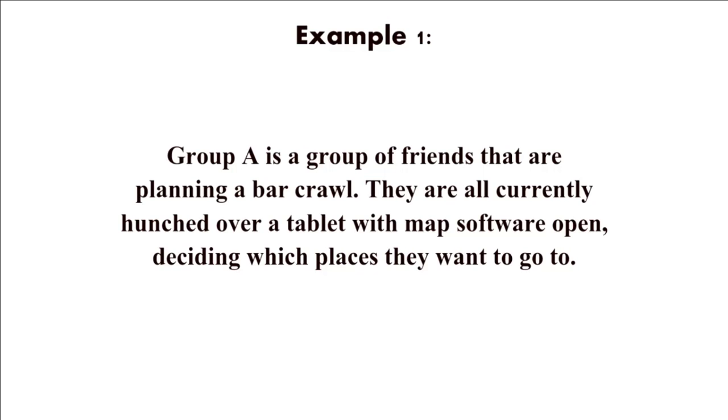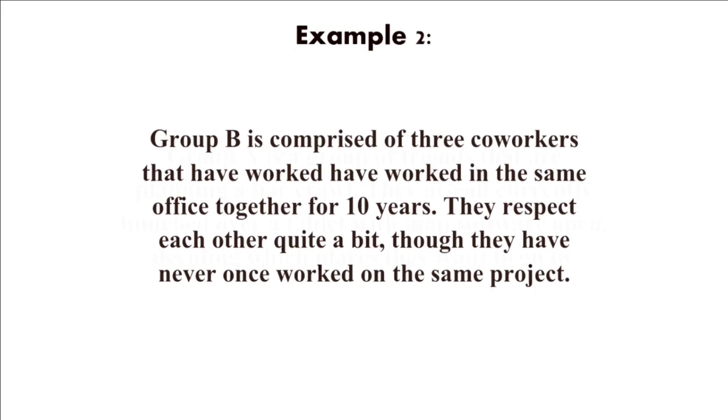They are all currently hunched over a tablet with map software open, deciding which places they want to go to. So that is example 1 with Group A. Group B is comprised of 3 coworkers that have worked in the same office together for 10 years, respect each other quite a lot, though they have never once worked on the same project.